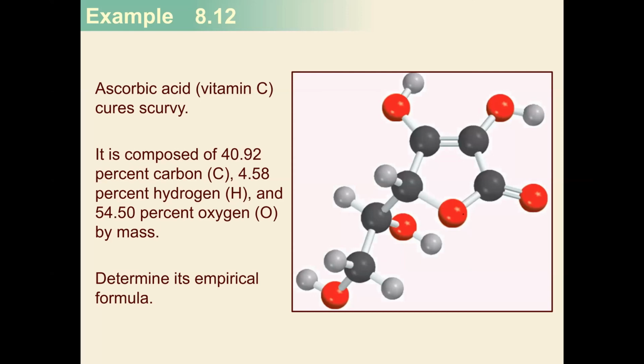So we have ascorbic acid, which cures scurvy. It is composed of 40.92% carbon, 4.58% hydrogen, and 54.5% oxygen by mass. Determine its empirical formula. So what we're going to do in this example is start with the information that we have.